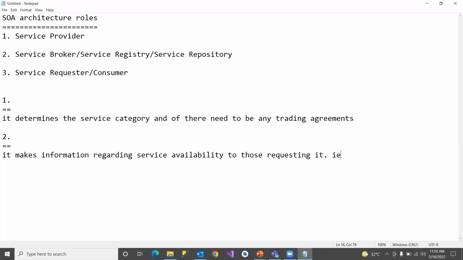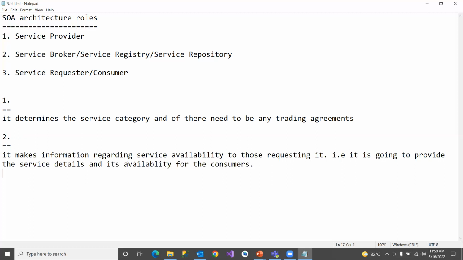That means it is going to provide the service details and its availability for the consumers. Also, the scope of the service broker is determined by whoever implements it.